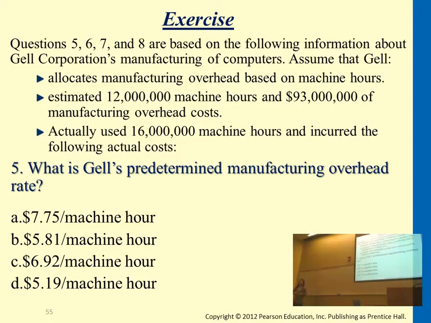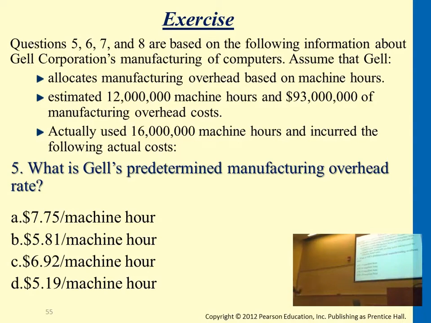You divide 93 million by 12 million. We have the estimated cost of 93 million and we divide it by the estimated hours, which is 12 million hours. What did you get? 7.75. So per machine hour used for this job, we incur $7.75 of indirect cost.